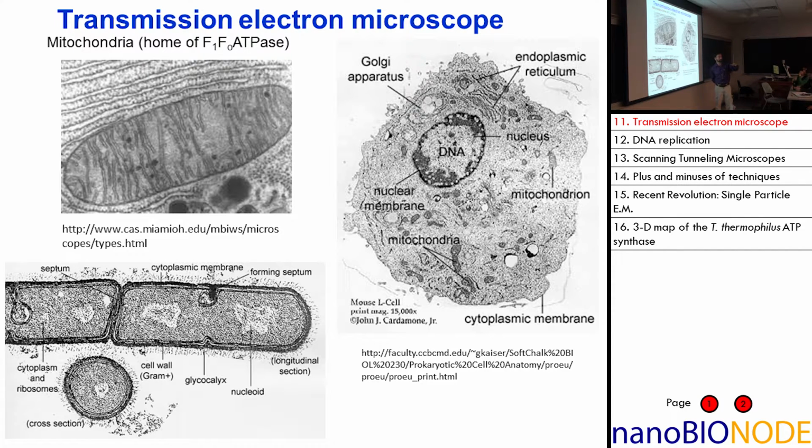And it won't be all absorbed, so that you can actually have something to collect. And so, you can see mitochondria, you can see the nucleus, you can see the DNA.